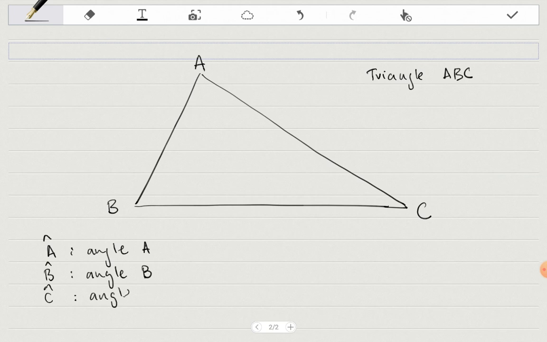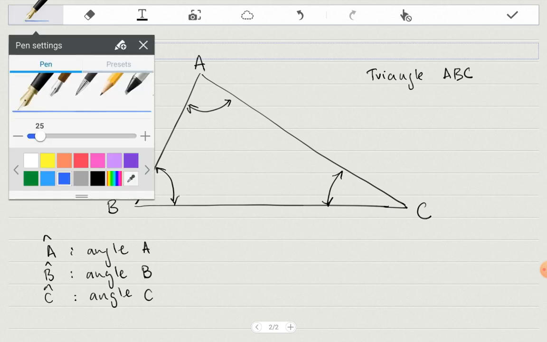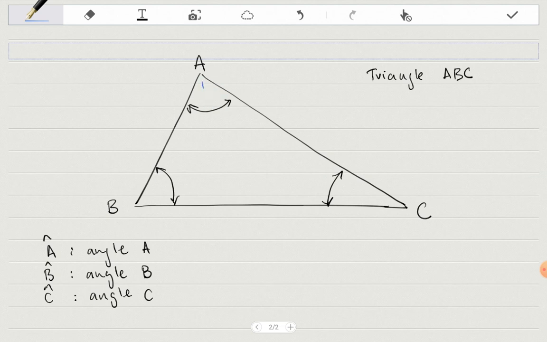If I wanted to find out how many degrees it actually is, what the size is of this, this, and that, those are going to be measured in degrees or radians. Now if we look at the corresponding sides, the corresponding side for this angle is this side.